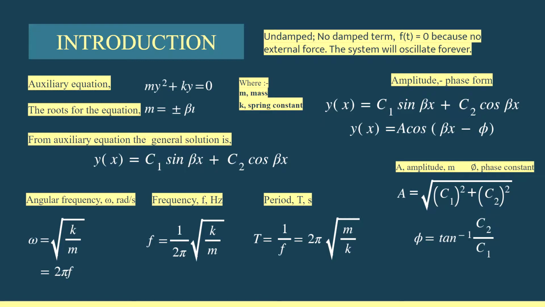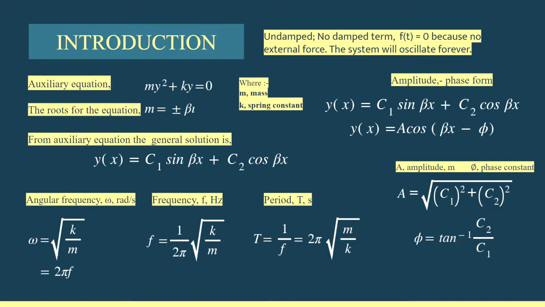The roots are complex numbers, so the general solution is y(x) equal to c1 sin beta x plus c2 cos beta x. Then, based on the general solution, we can form a new equation, which is the phase form, to find the amplitude by using a trigonometric identity.